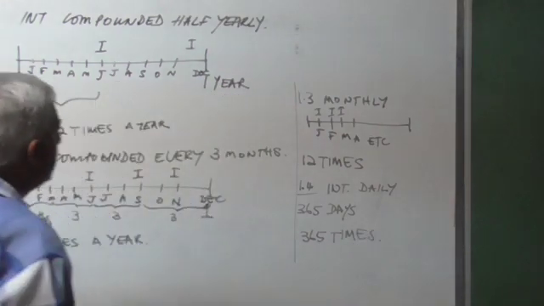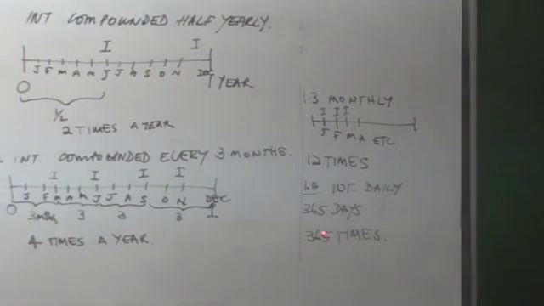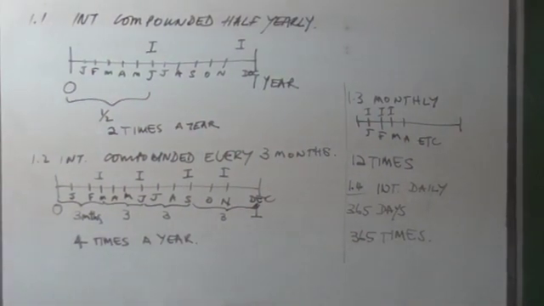So this is a very important part for you to understand, in calculation of compound interest. You must be able to calculate how many times a year. If it's monthly, it'll be 12. If it's daily, it'll be 365. Let's take the example of weekly. Suppose it's weekly, then there's 52 weeks.